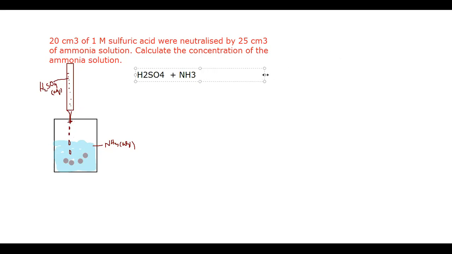We know that sulfuric acid is an acid and ammonia is a base. So what will happen is the ammonium sulfate solution will be formed. And what is the formula of ammonium sulfate? (NH4)2SO4, plus H2O.